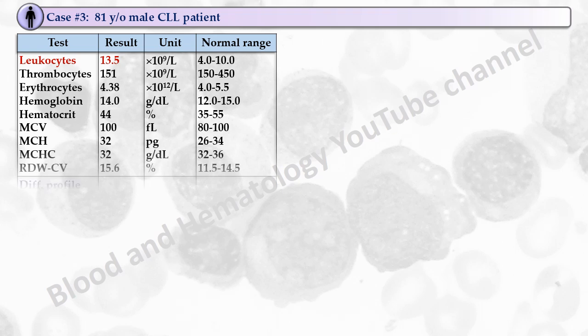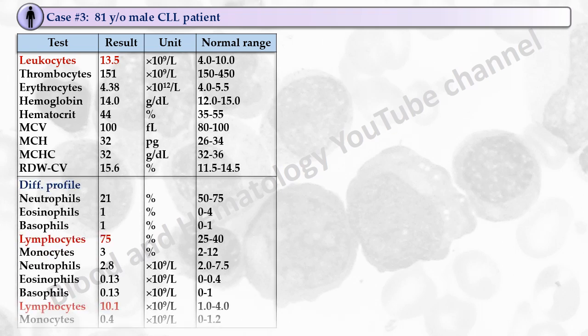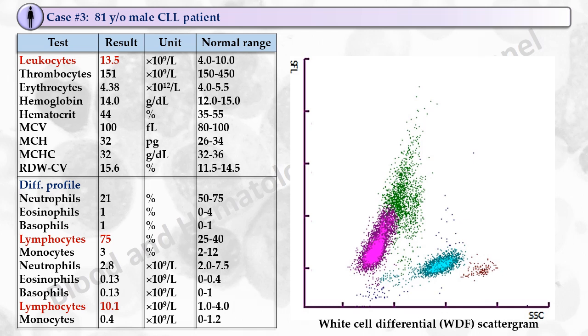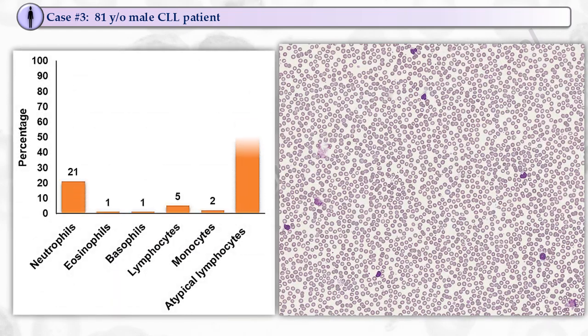Another CLL patient is an 81-year-old man with mild leukocytosis and relative and absolute lymphocytosis. Small and large lymphoid cells, 70% atypical lymphocytes, and smudge cells were observed in the patient's peripheral blood smear examination.